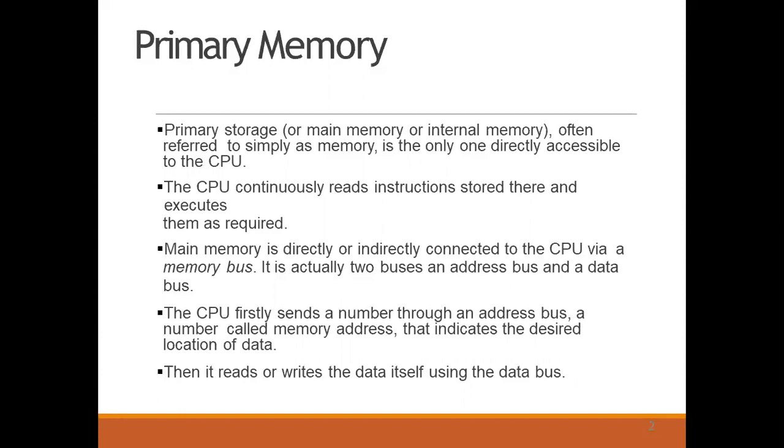The CPU first sends a number through the address bus, and the number is called the memory address, which indicates the desired location of data. So it can first detect the data, then it reads or writes the data using the data bus. So first the address bus will detect the data, and then the data bus will execute the function.